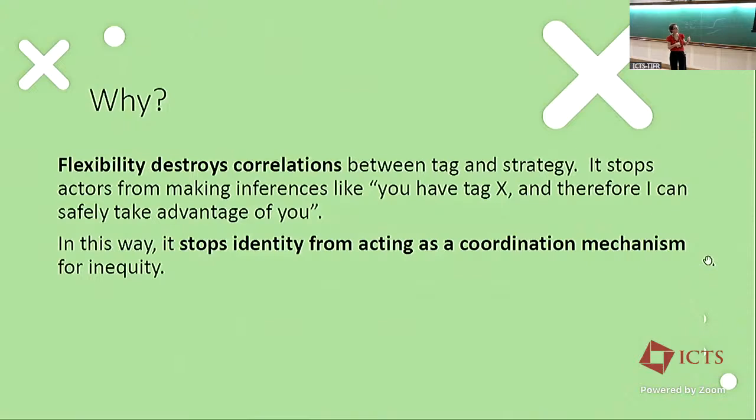You have tag X and therefore I can safely take advantage of you. Or you have tag Y, therefore you're going to make a high demand of me. And so it stops identity from acting as a coordination mechanism for inequity. It prevents us from reaching those anti-coordination outcomes in the bargaining game. And now the only stable outcome is the fair outcome, where you don't have to have information about the other player to reach equilibria.